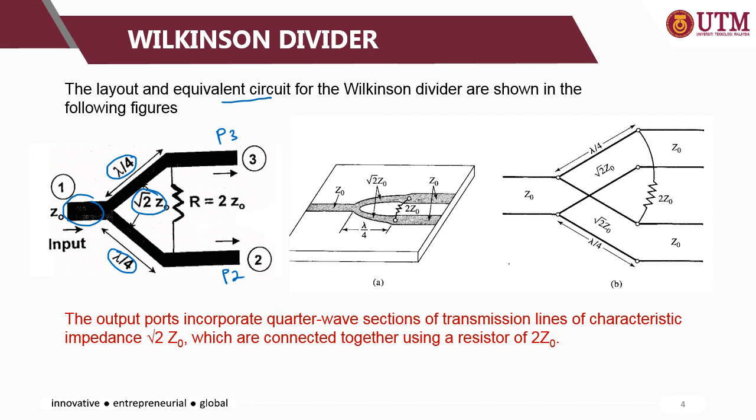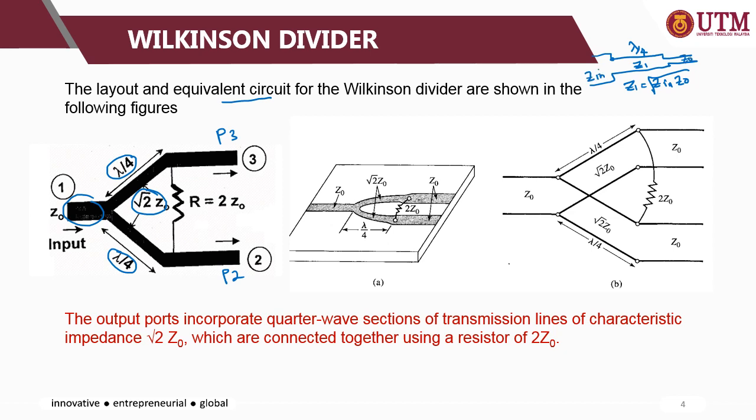If you still remember in lambda over 4 transformer design, the characteristic impedance of the transformer is equal to Z1 equal to the square root of Z in times Z0, where this is Z in and also Z0.